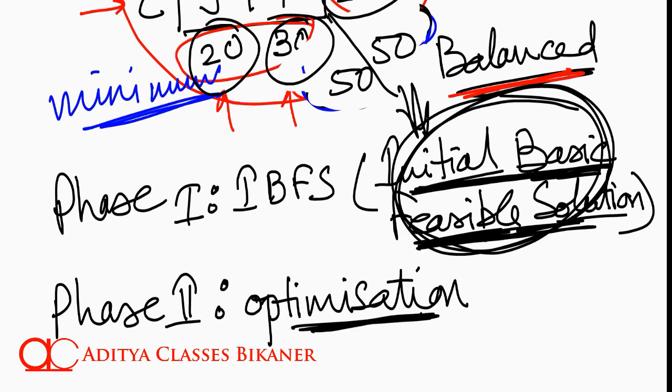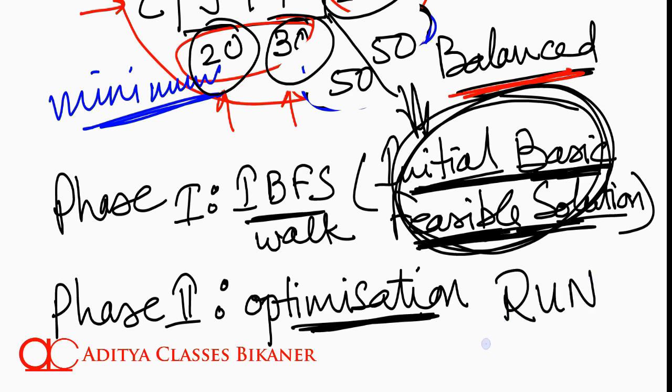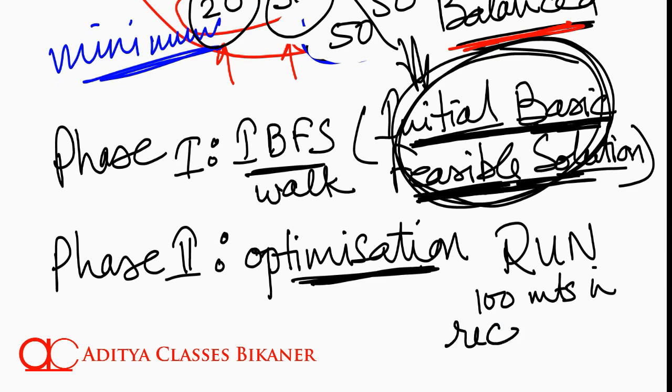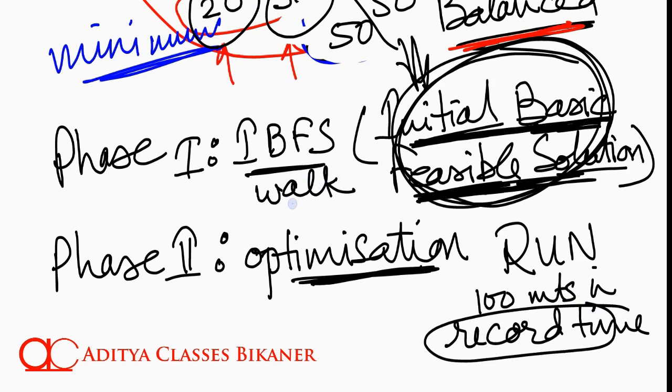It is a bit like here we learn to walk. At least we should know how to walk. Then only can we run. And maybe run 100 meters in record time. So it is not possible to run 100 meters in record time if we do not know how to walk.